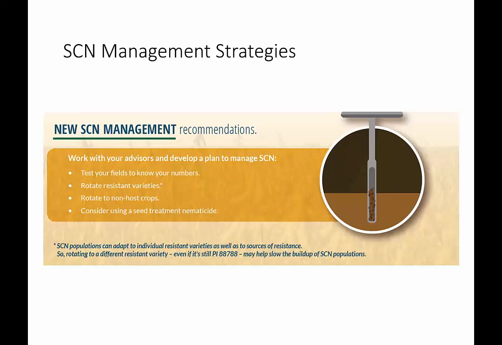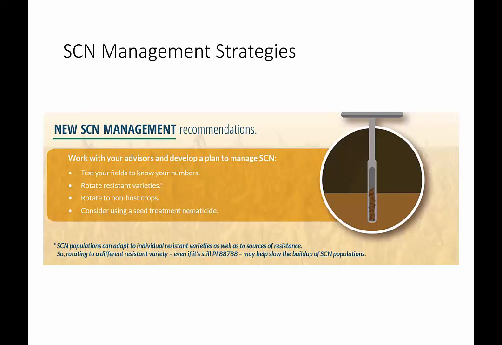Test your field, know your numbers, rotate sources of resistance. If you are not able to rotate sources of resistance, at least rotate with different varieties, even if it's the same source of resistance. But the best thing you can do is rotate different sources of resistance.